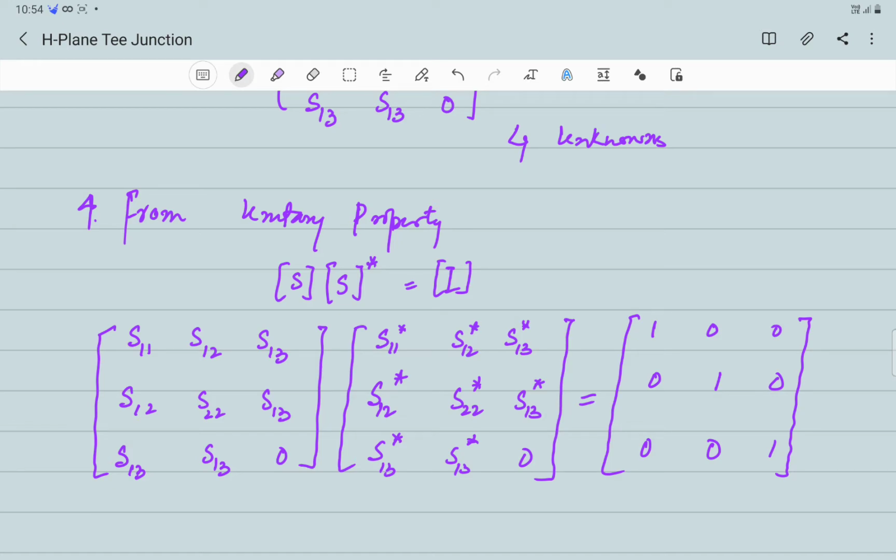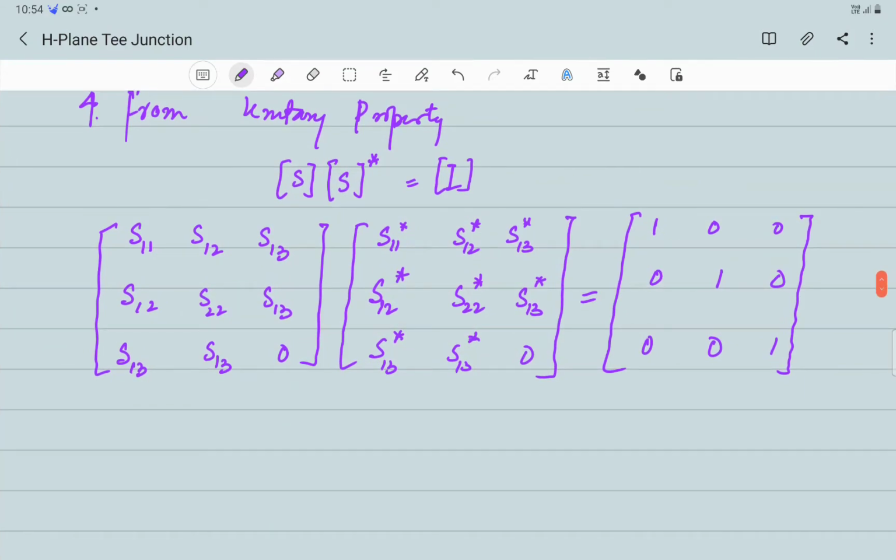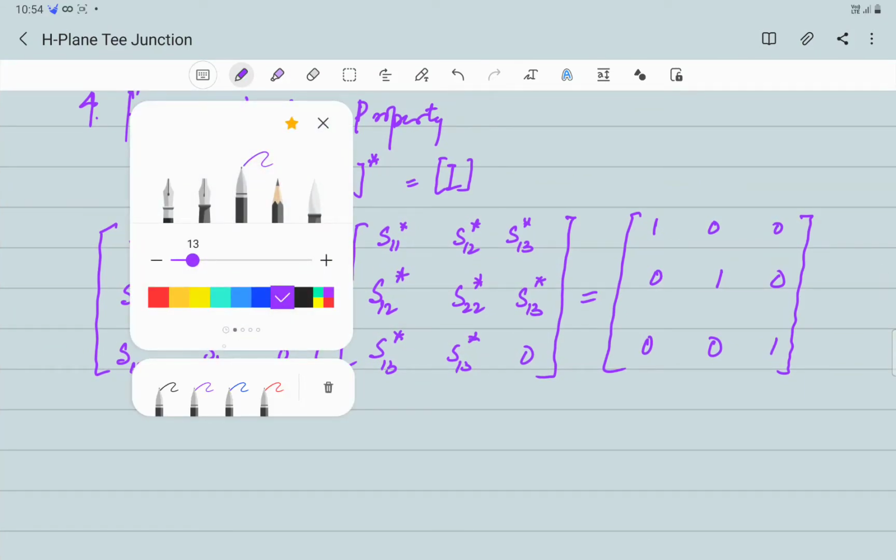Now our aim is to get the values of these S parameters. We have these equations in matrix form: the product of two matrices on the left side and a unit matrix on the right side.